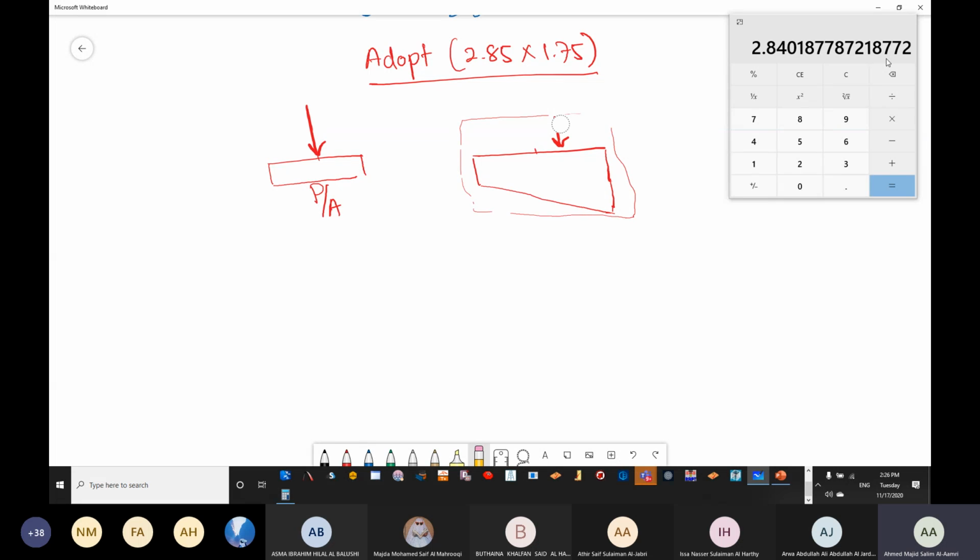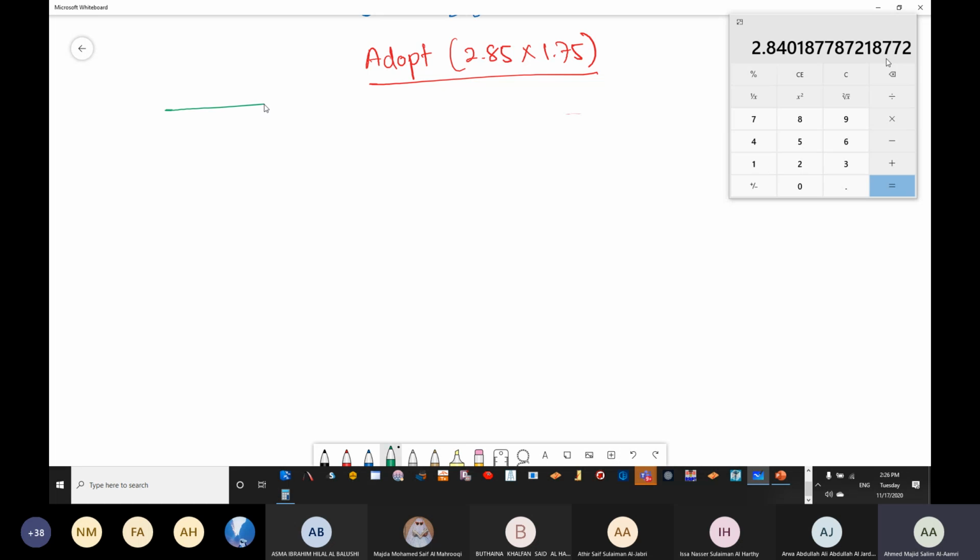We need to find the pressure. Since my loading is now acting in this way, we have two values of pressure. One is what we call P maximum, and the other is what we call minimum pressure. Now we'll calculate both of them. They should be fine, otherwise the foundation will fail.